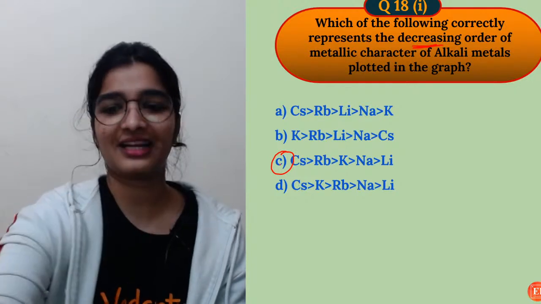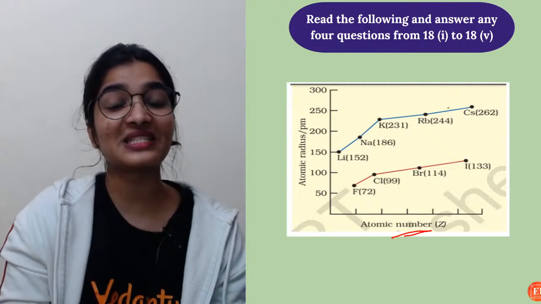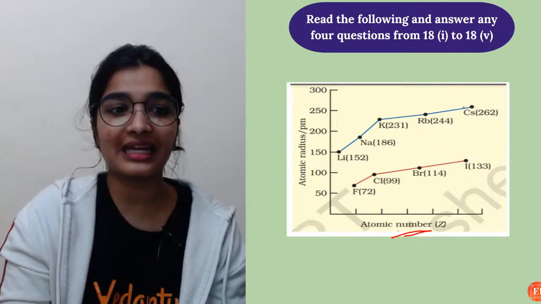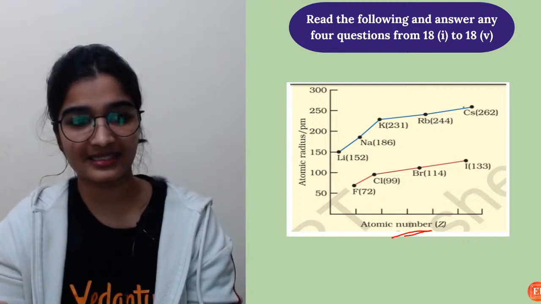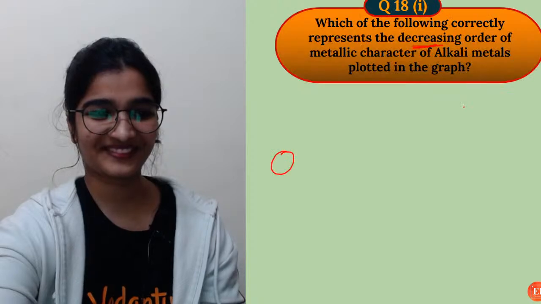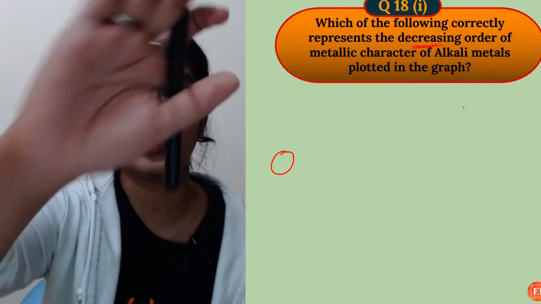One second. Show graph. Okay. This is atomic radius. So what happens with the increase in the atomic size? What will happen to the metallic character? Will it increase or decrease? See here? Very good, very good.